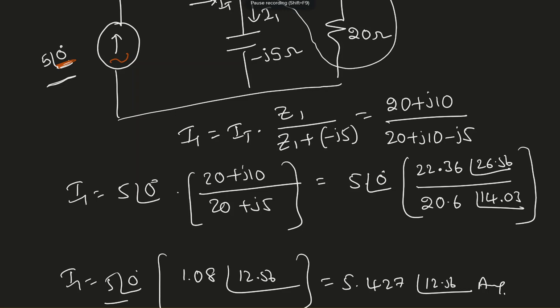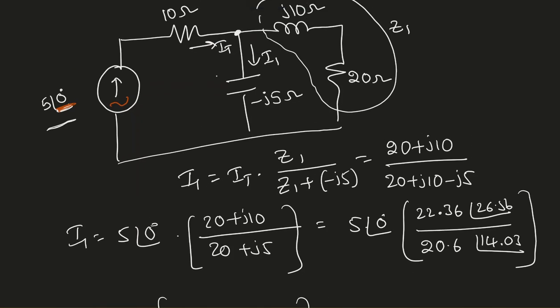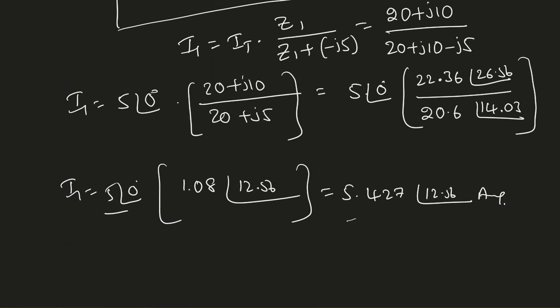That could be because here I have two energy storage elements. One is an inductor, another one is a capacitor. So there is a possibility of current coming from this J10 ohms too. That could be the reason we end up having extra current.